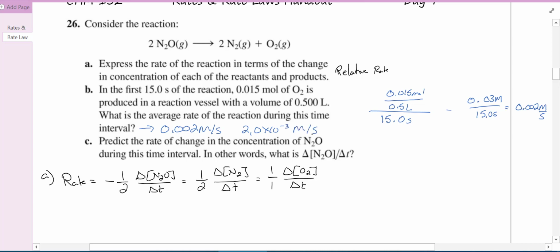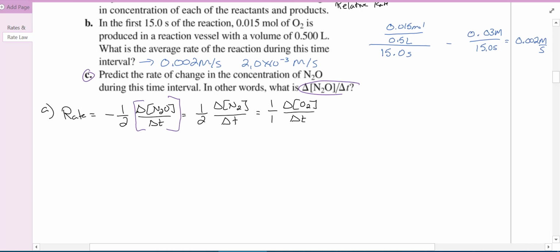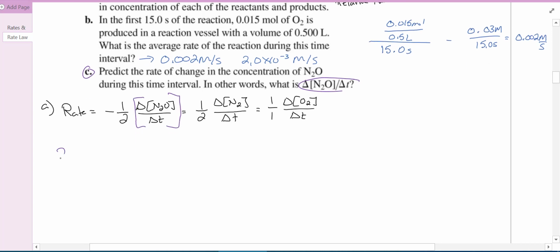So now we have to predict for C. We have to predict this guy, which is right here. So what do we know? I know that the rate is 2.0 times 10 to the -3rd molarity per second, equals -1/2 my rate.